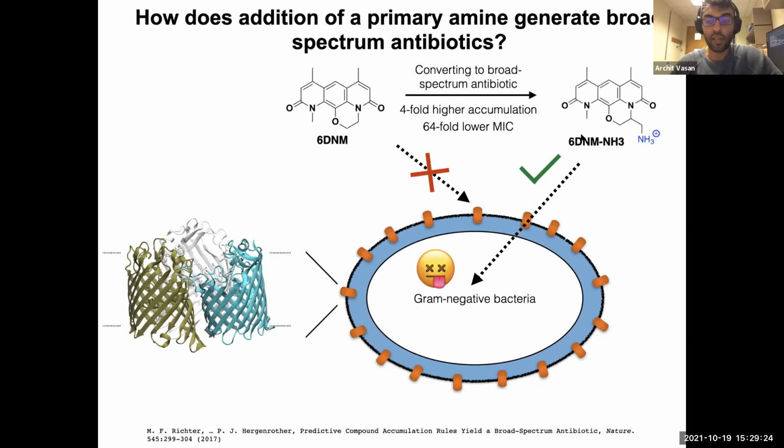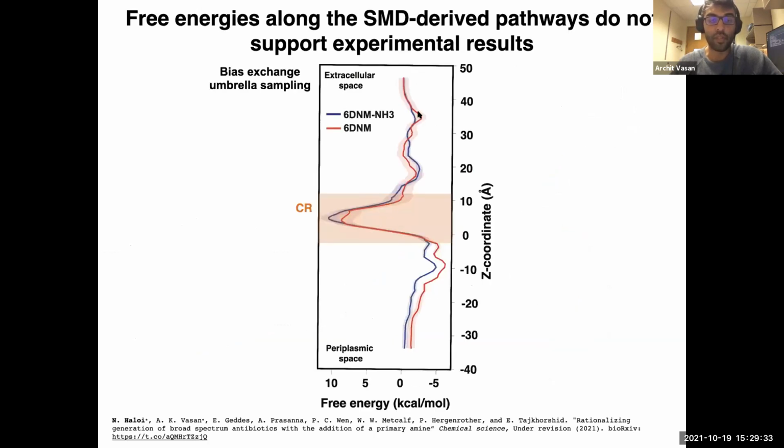And we wanted to study why this is, what molecular features are actually allowing this to happen. And we wanted to study this using enhanced sampling techniques. And so we used this bias exchange, which I described earlier, to identify the source of this problem. We ran this method, and we first wanted to see if what we're sampling makes sense.